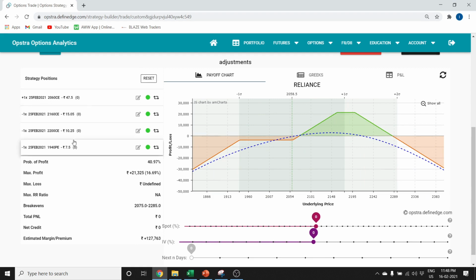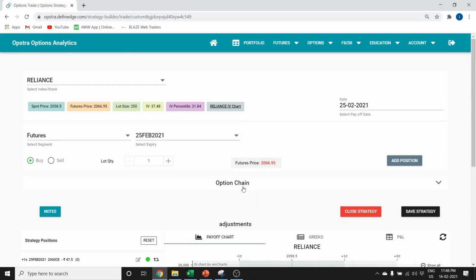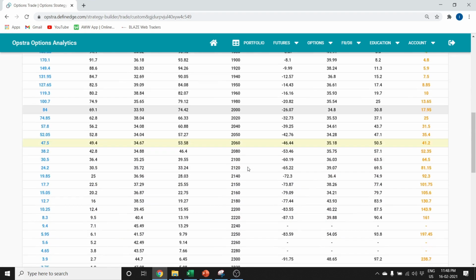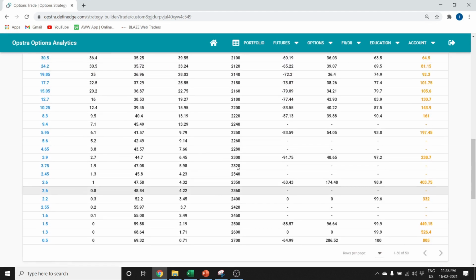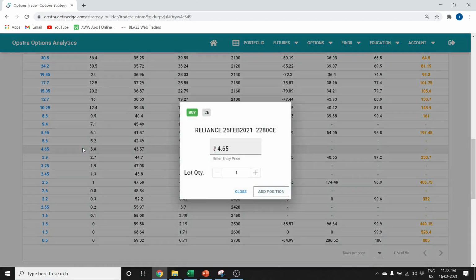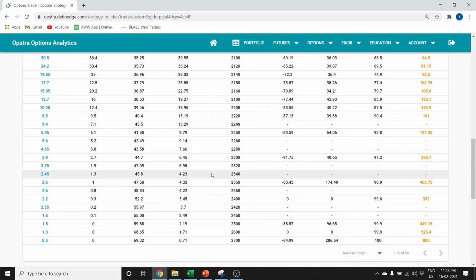So what we have to do is put a new trade. Our break even level is 2284. So we will buy 2280 call. Current price is 4, but we will get it around say 15. Add position. Now we have to create a debit spread. So we'll buy 2280 and we can sell 2340.